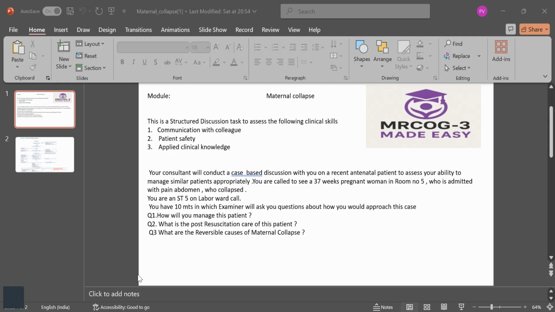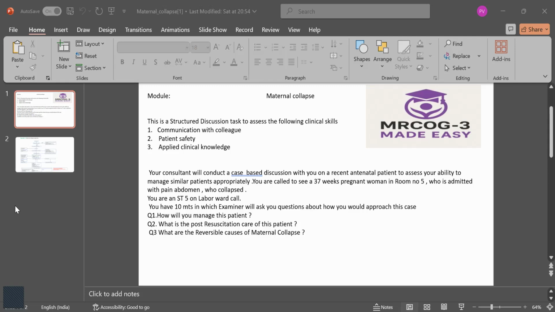Now I can see that the woman under discussion collapsed in her room, that is room number 5. So this is maternal collapse, and it's an obstetric emergency. If immediate and prompt actions are not taken, it will increase maternal morbidity and mortality. So I would like to quickly move to room number 5.